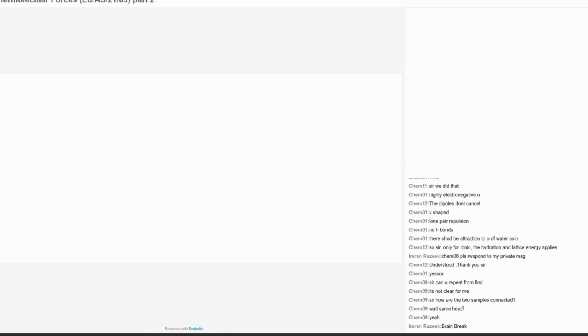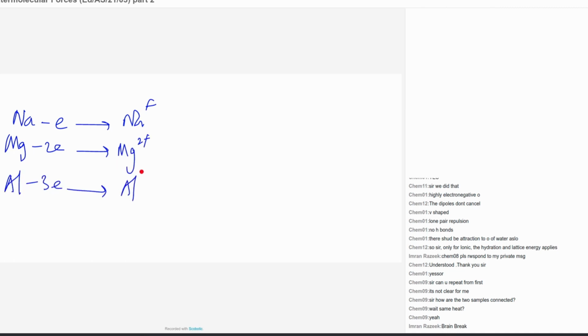An element has a positive oxidation number when an atom loses electrons. Where it loses electrons, it forms a positive oxidation state. For example, sodium losing an electron, Na+. Magnesium losing 2 electrons, Mg2+. Aluminium losing 3 electrons, you get Al3+. Likewise, when an atom gains electrons, you get the negative ion. 2 electrons, dinegative. 3 electrons, trinegative.